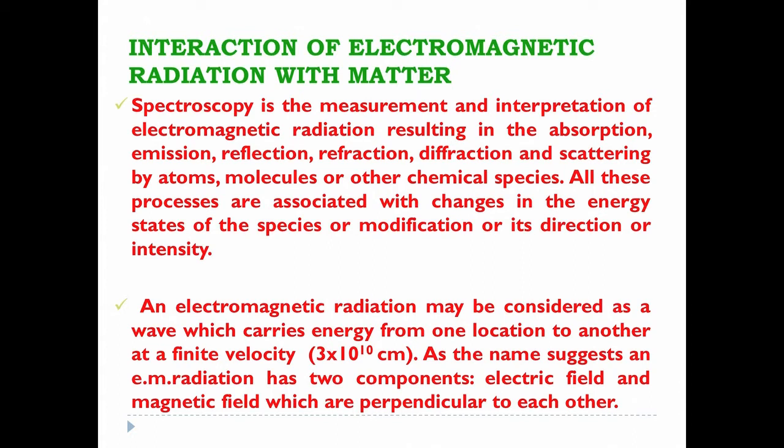As the name suggests, electromagnetic radiation has two components: an electro part and a magnetic part. Every electromagnetic radiation consists of two fields, an electric field and a magnetic field, which are perpendicular to each other. If I have a radiation coming in one direction, I have an electrical field going off like this, and then a magnetic field going off like this.